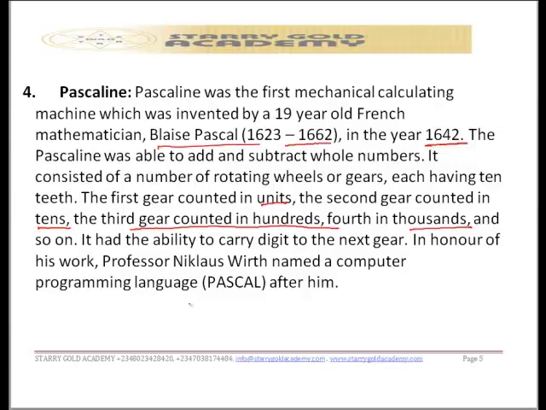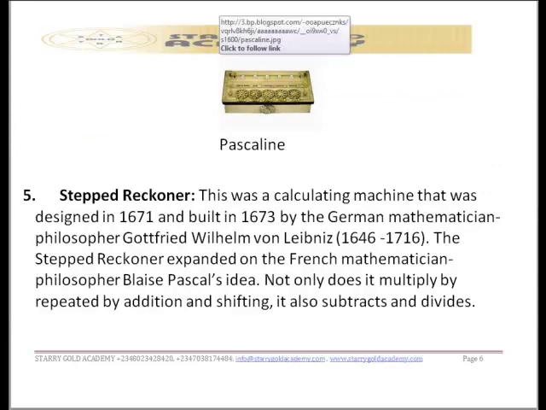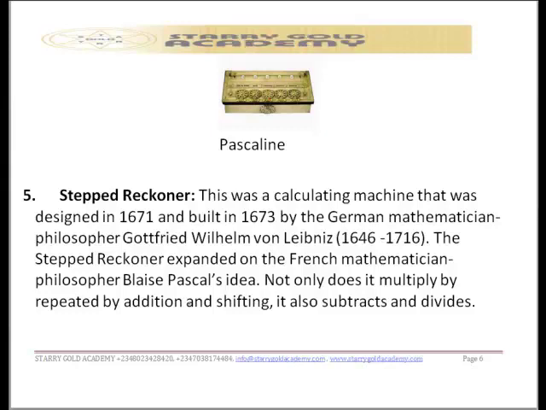This is how the Pascaline looks like. These are the gears we are talking about that has 10 teeth. Each of them has 10 teeth. These are the gears.